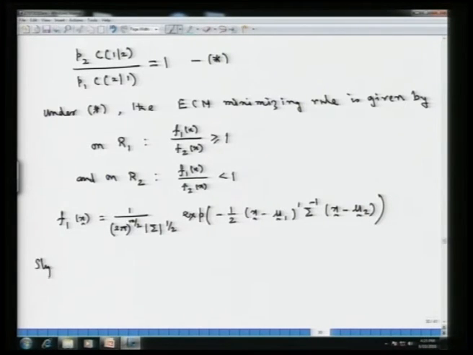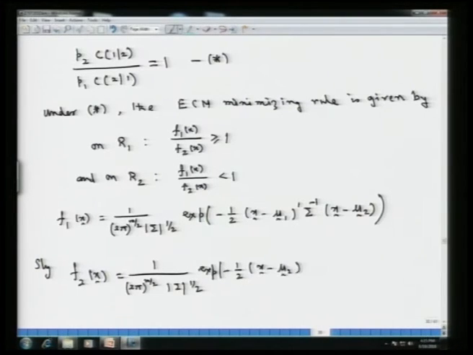Similarly, we have f2(x), the joint density of the elements of the x vector under the pi 2 population, given by 1 upon (2 pi)^(m/2) determinant of sigma to the power half, and then e to the power minus half (x minus mu2) transpose sigma inverse (x minus mu2).